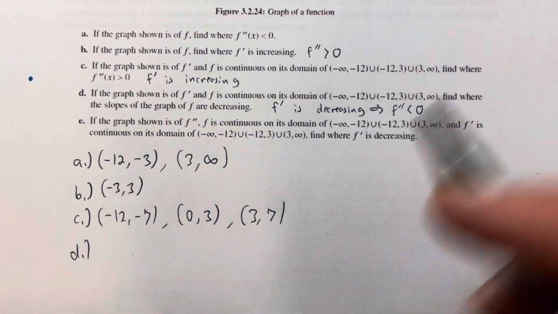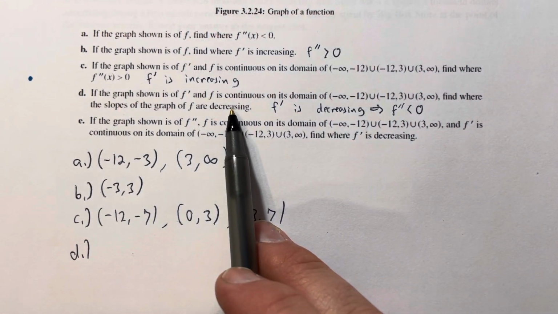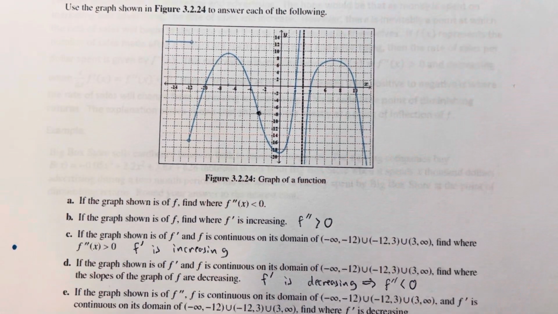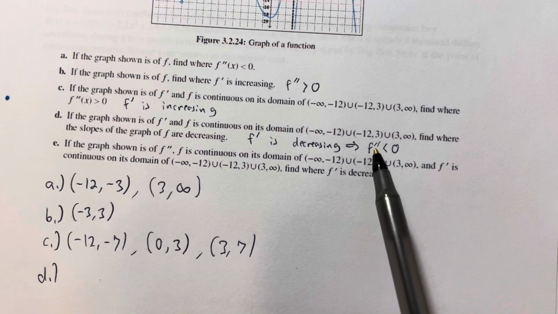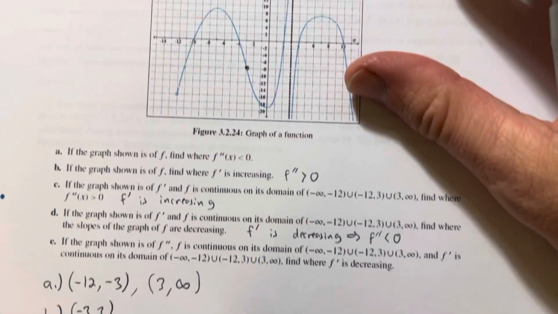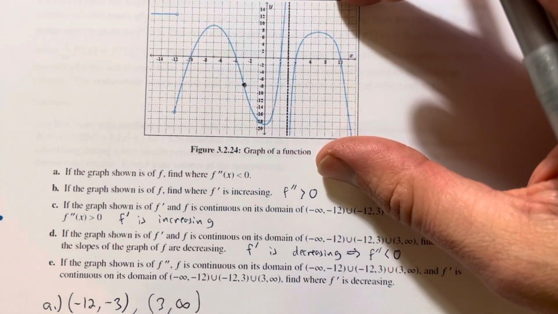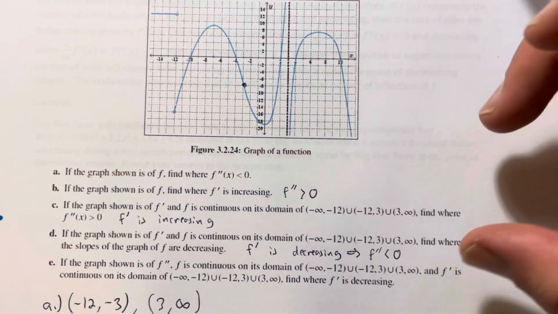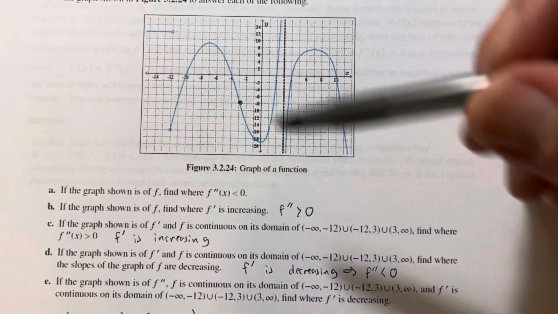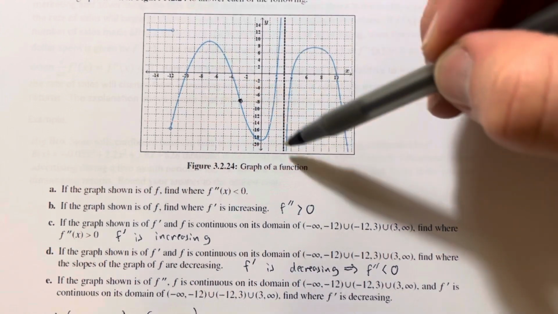But let's think about this for a second. We're shown the graph of f prime. I'm thinking of this as the graph of f prime, and so I want to find where its derivative, f double prime, is negative. So I'm not looking at f double prime. I'm looking at the function whose derivative is f double prime. If we're looking for where f double prime is negative, then I'm looking for where this graph is decreasing.